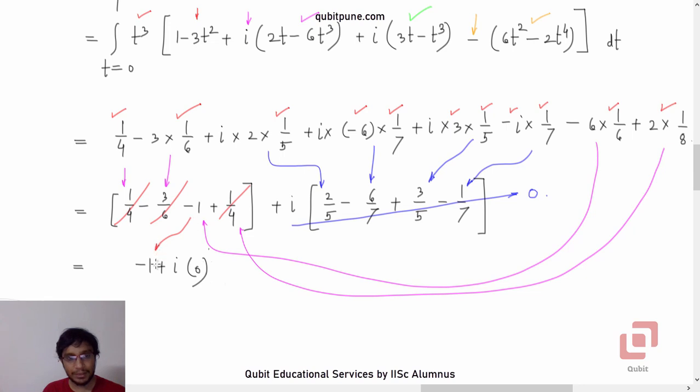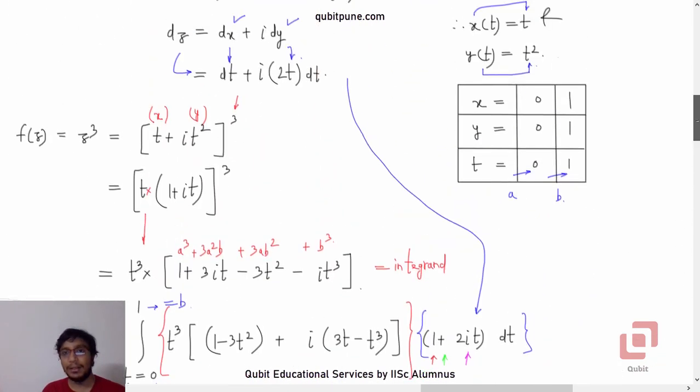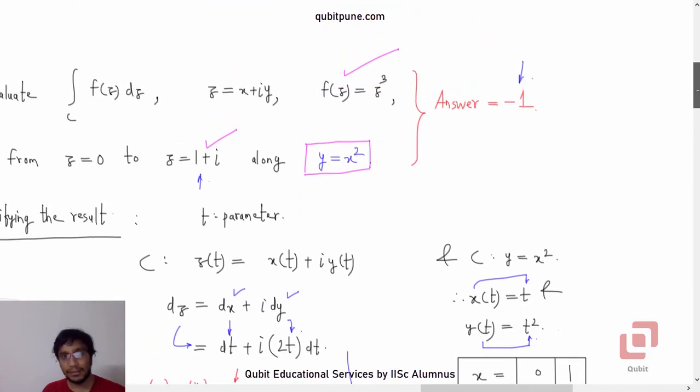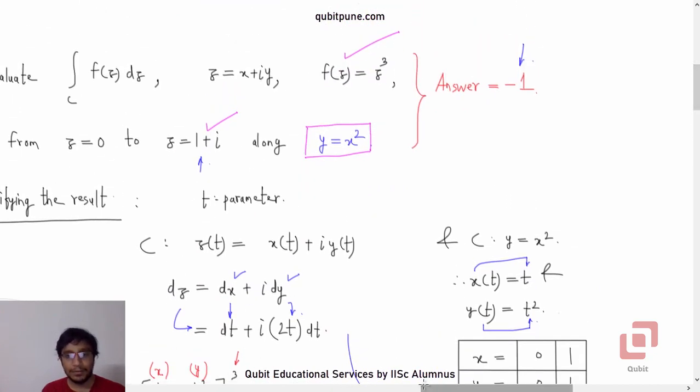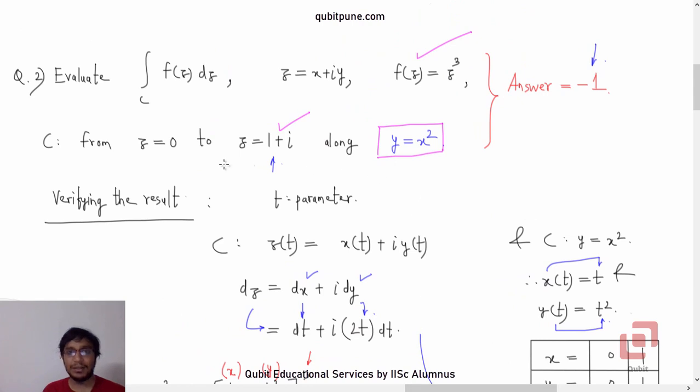So eventually you get minus 1, and that is the same answer that we got by the previous method. So the integral of f of z from 0 to 1 plus i, the conclusion is, it is independent of C.